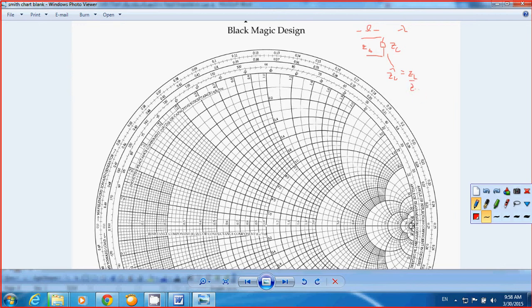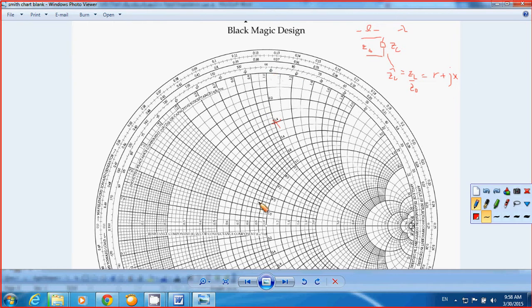And then you plot ZL on the Smith chart, where your ZL normalized has the real part, or resistance, R plus jX, that's the imaginary part or reactance.